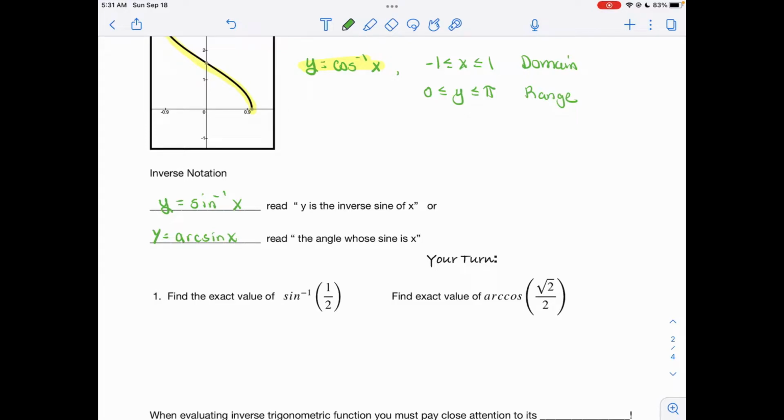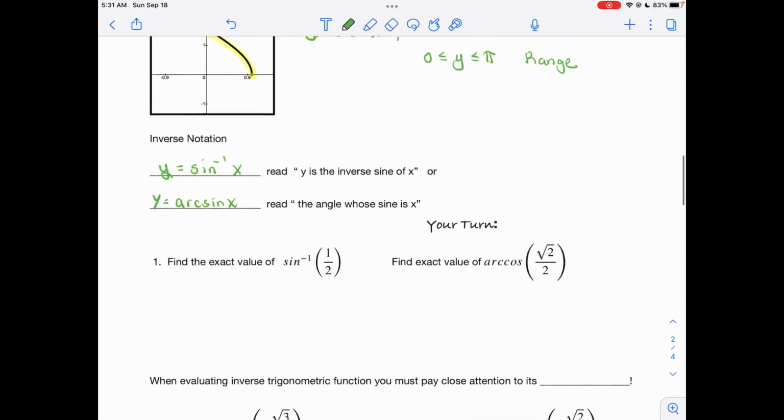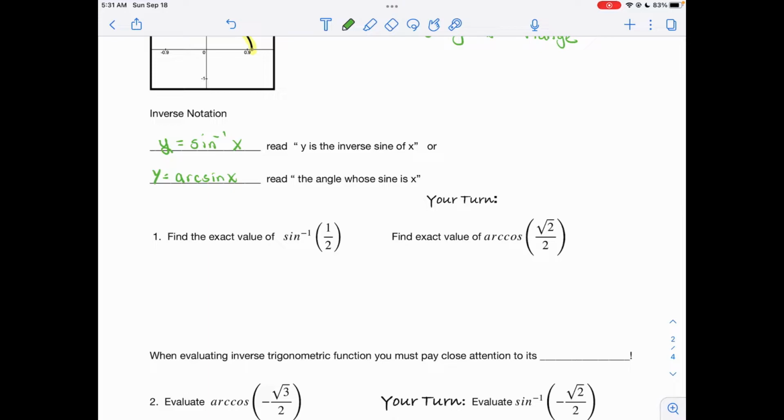It is read the angle whose sine is x. So either notation is acceptable. I use both notations as I'm working. I personally like the angle whose sine is x better, but the calculators use y equals the inverse sine of x. So you need to be familiar with both of them.